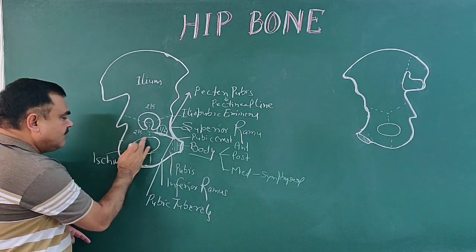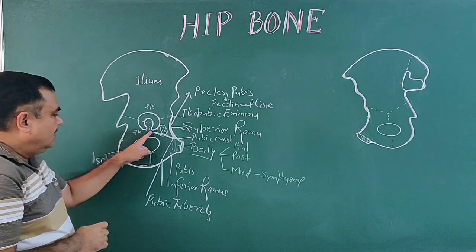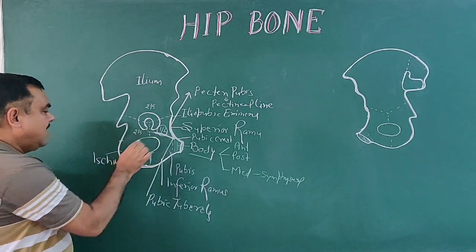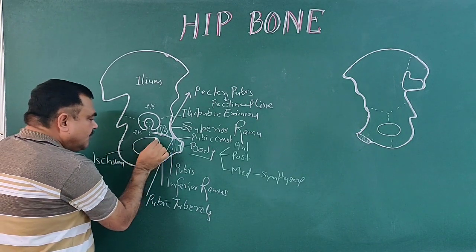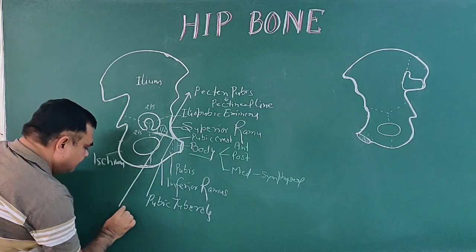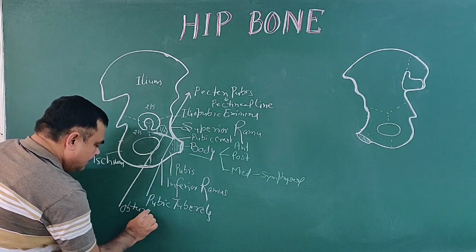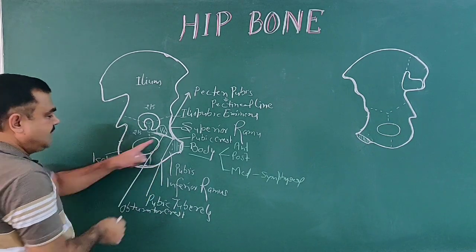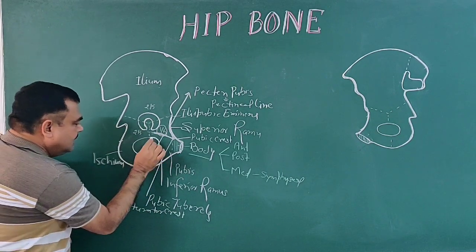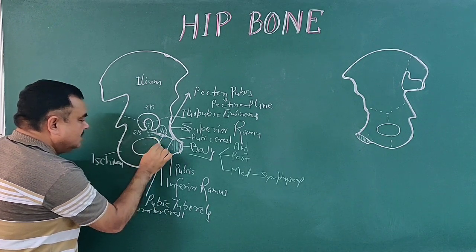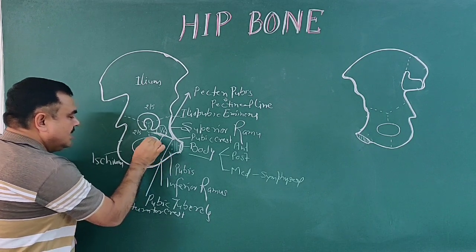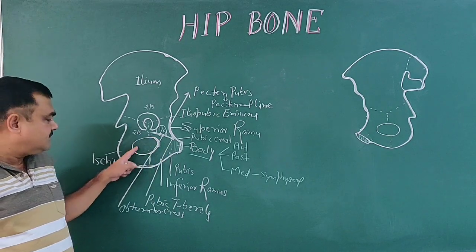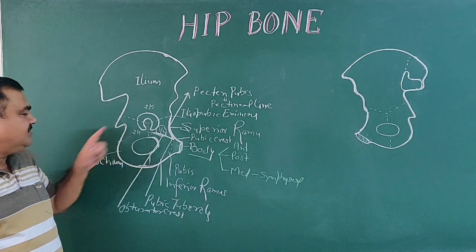This anterior border forms the obturator crest. Here is the posterior border. It forms the anterior margin of this obturator foramen. So it has three borders.